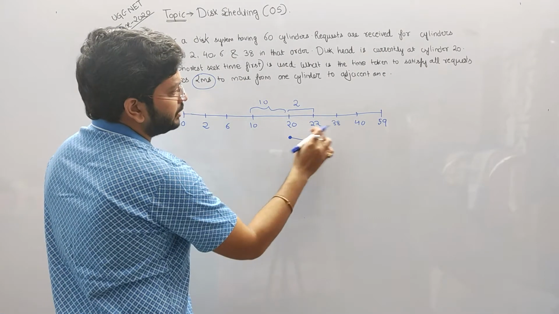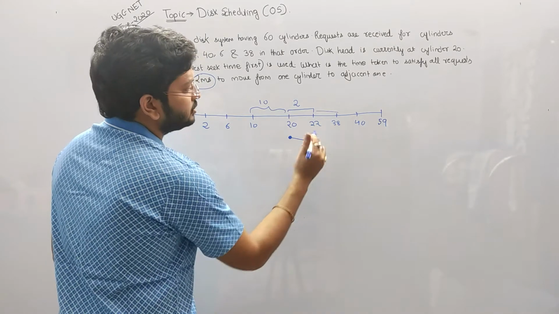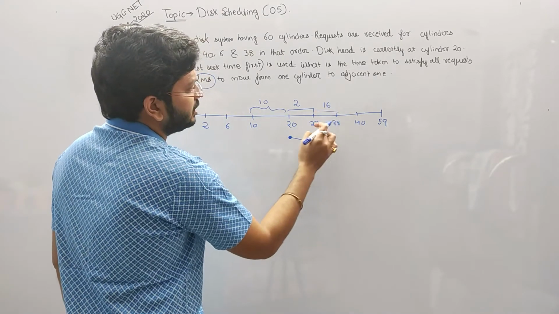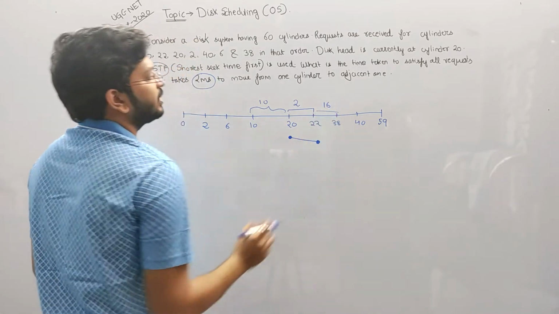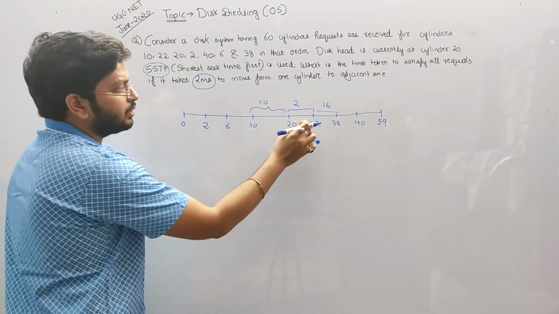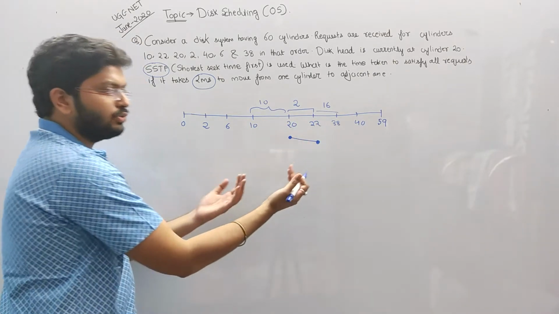Now from 22 to 38, if I move to the right, this distance will be 16. The difference is 38 minus 22, which is 16. Now 20 has already been serviced, so I will not move to 20.